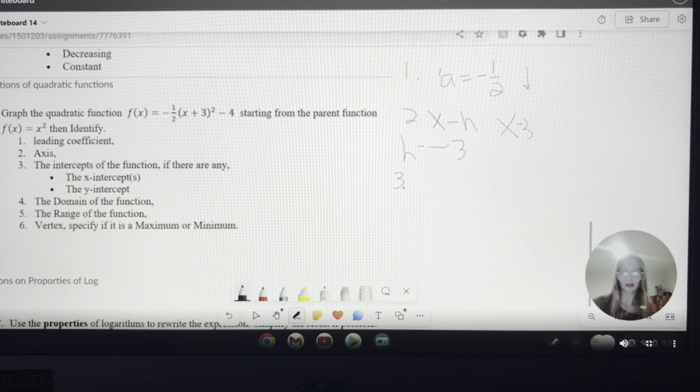Next, we want to find the intercepts of the function, if there are any. For the x-intercept, we will set f of x to 0.